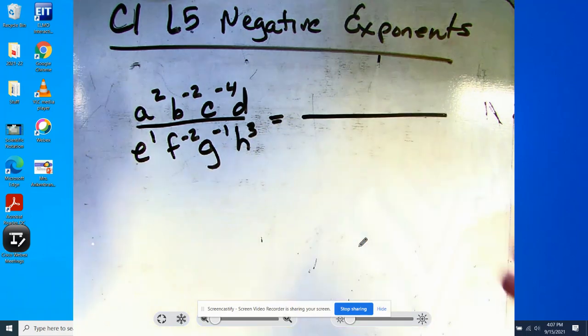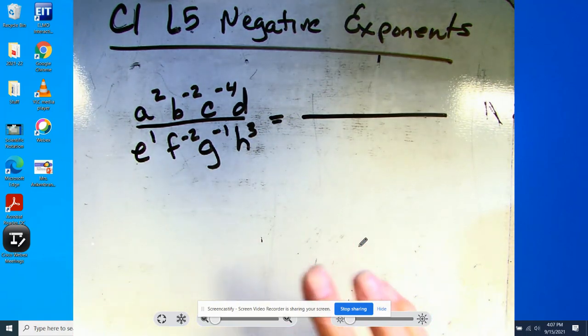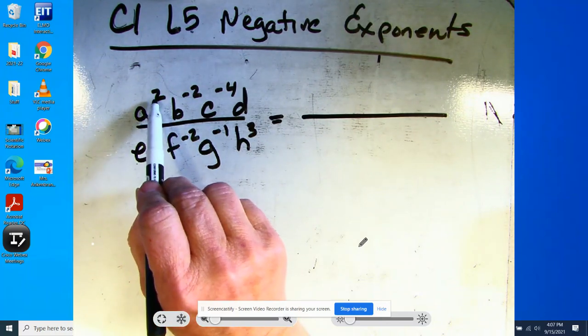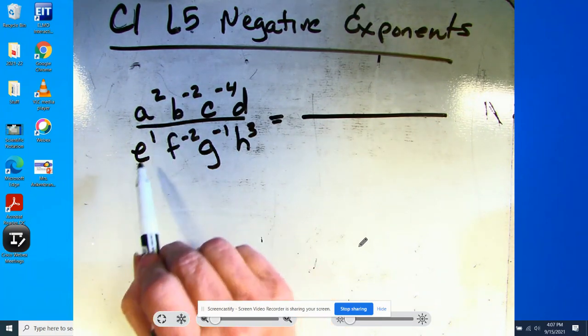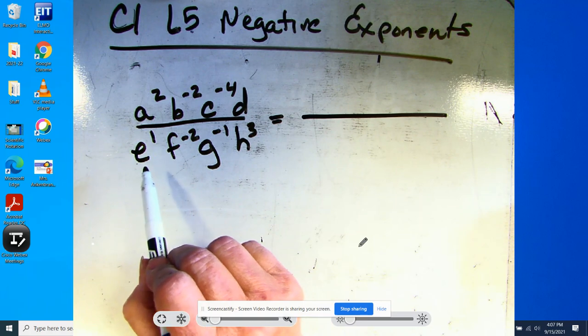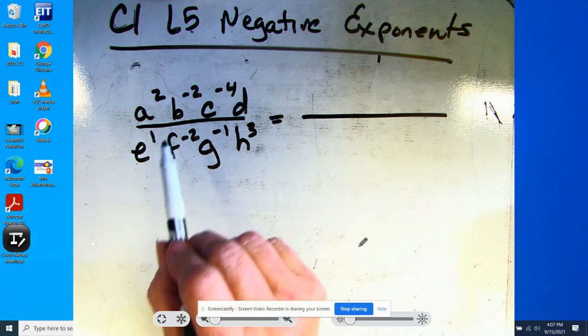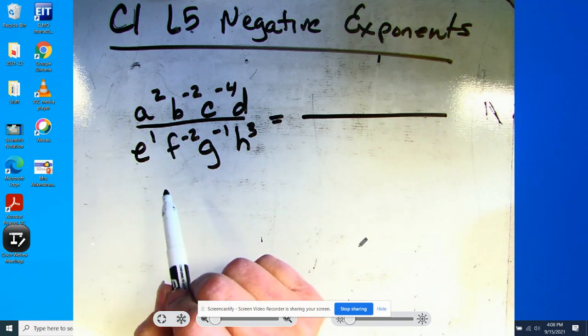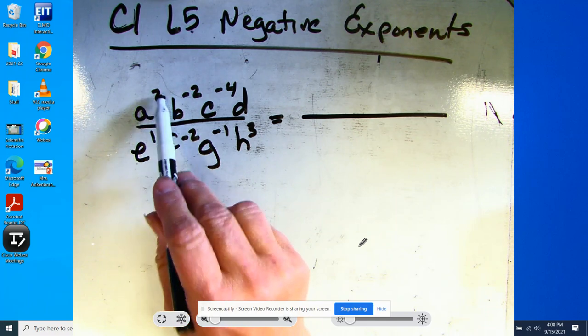If a number is happy, if it's positive, it gets to stay where it is. If it's positive in the numerator, it stays in the numerator. If it's positive in the denominator, it stays in the denominator. You have to decide if the exponent is positive or negative, and if negative, we change where it is on the fraction line.